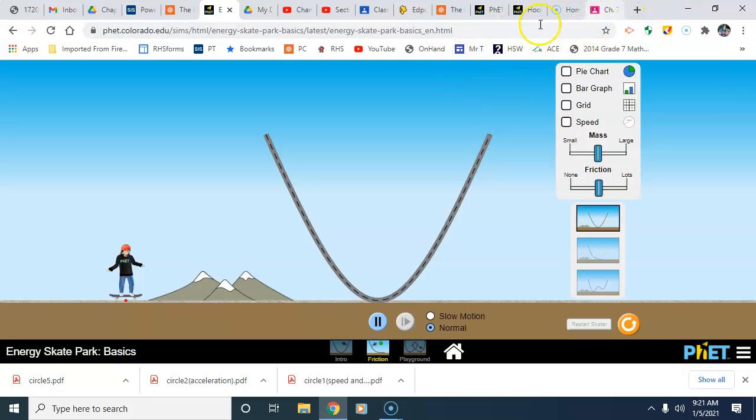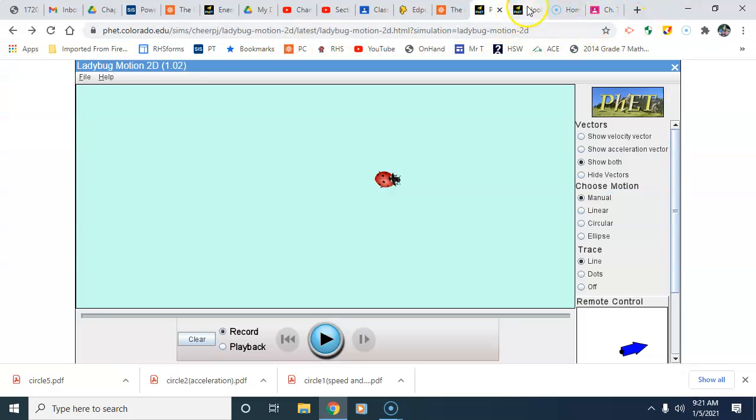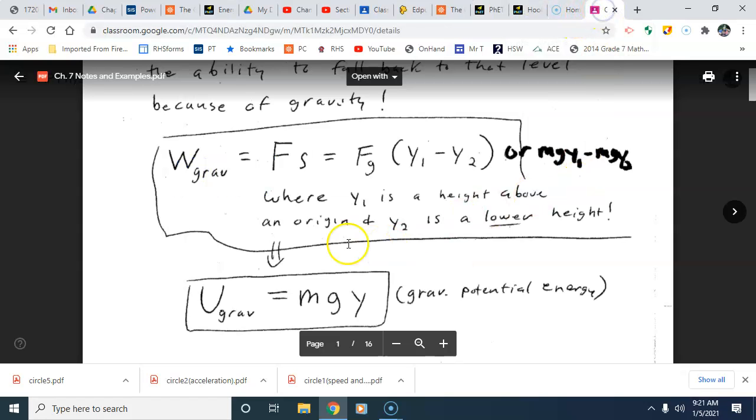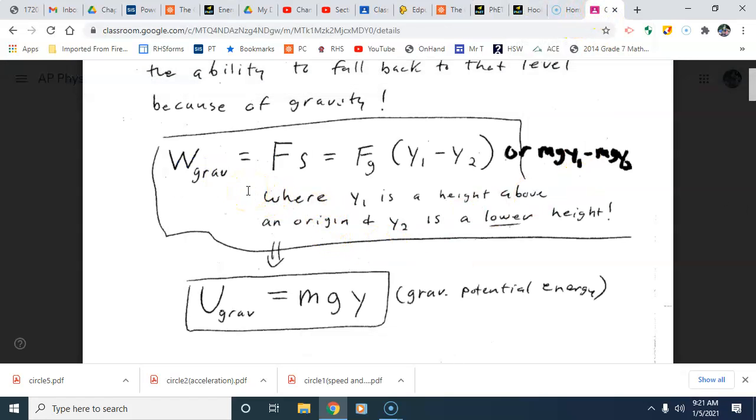And where that formula came from really was just an interpretation of work that we did in the past, which was, remember, work is F times displacement, right? Force times displacement. Well, we're talking about the work done by gravity as we lift something. If I'm lifting, gravity is doing work, but what kind of work?